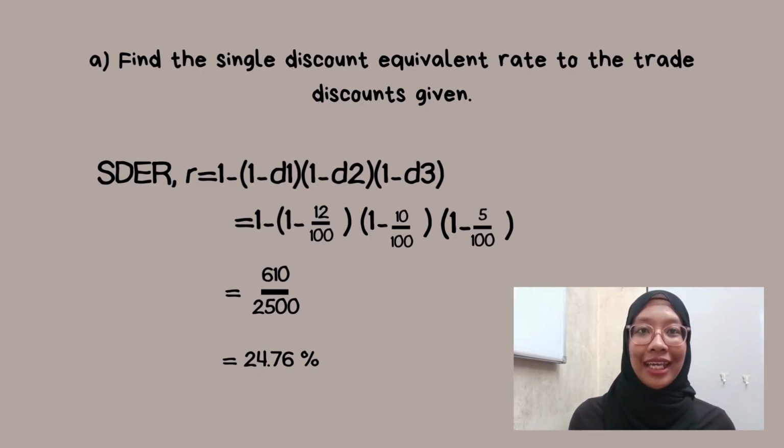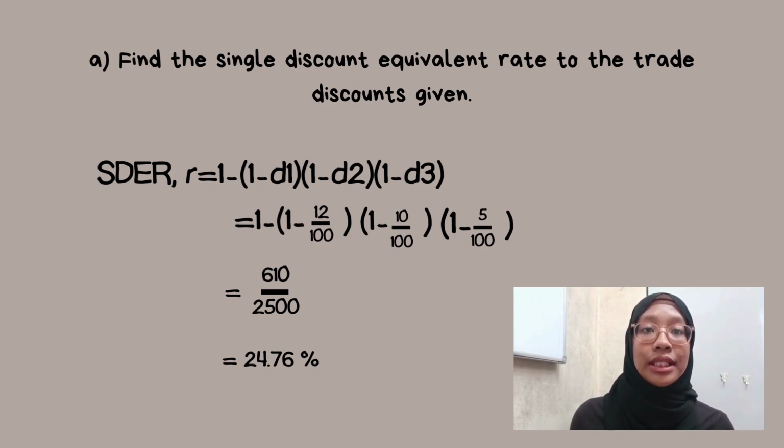Okay, for this question A, find the single discount equivalent rate to the trade discounts given. Here is how to solve this question. The formula is SDER or R equals 1 minus in bracket 1 minus D1, 1 minus D2, 1 minus D3. So, we just put it into the formula as 12% for D1, 10% for D2 and 5% for D3.